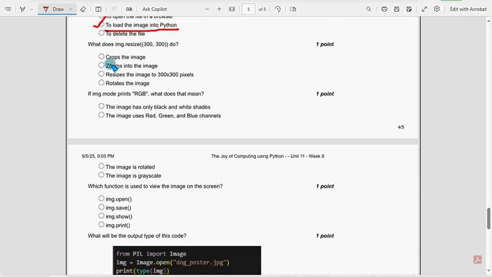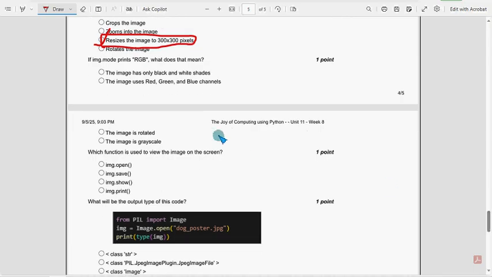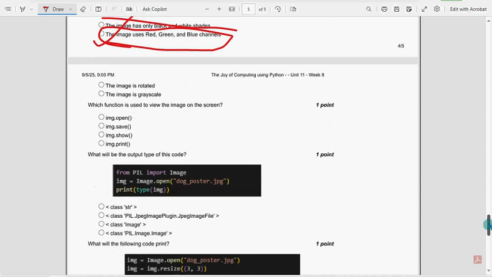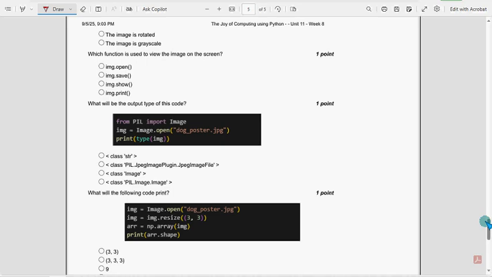And the next question, the 23rd one: resizes the image to 30 by 30 pixels is the probable solution. Next, the 24th question, second option is the probable one. The 24th one, second option is the probable solution.